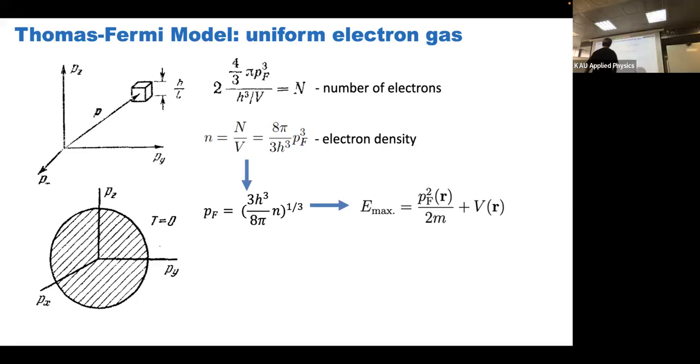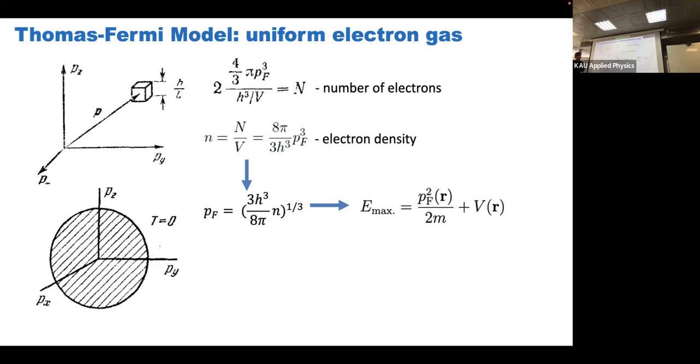We have electron density N from here, and then we want to take P_F. What will P_F look like? Like 3h cubed divided by 8 pi, n, this electron density, to the power of 1/3. It's P_F, our Fermi momentum vector. And then we get the maximum energy. What is the maximum energy of these electrons?